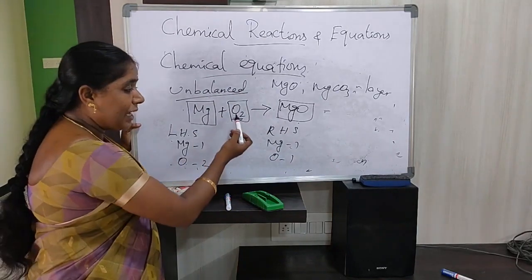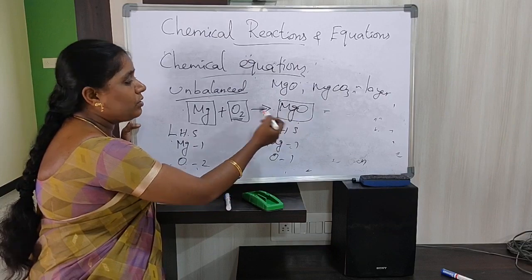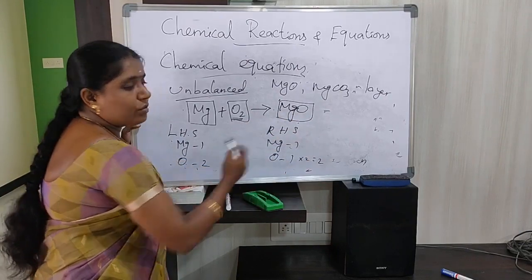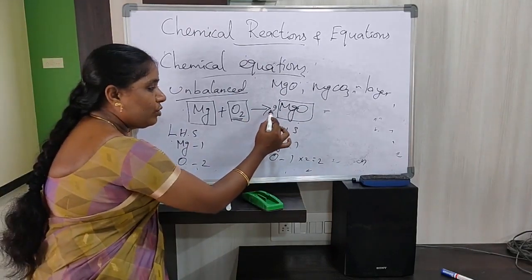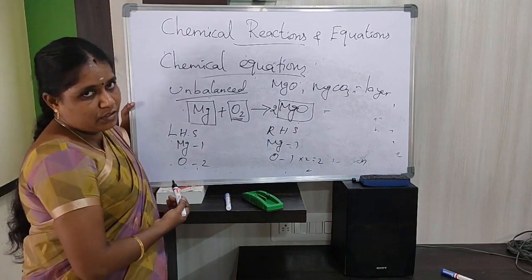So first we need to balance the oxygen. Here we have 2, here it is 1, so 1 can be made into 2. So you have to multiply the magnesium oxide by 2.